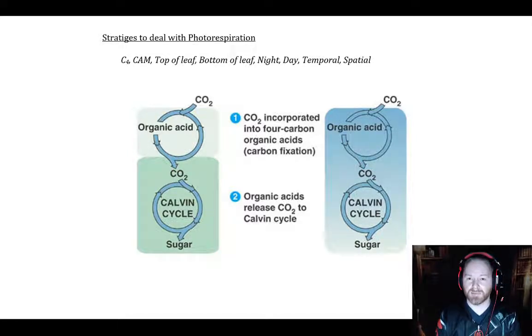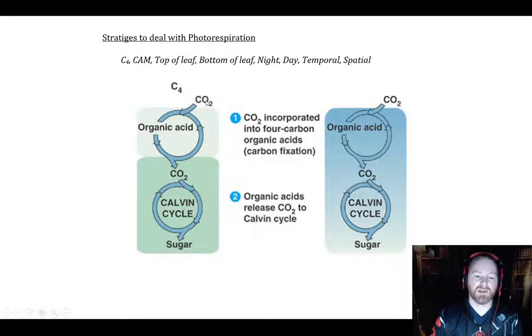Remember, C3 was the temporary storage PGA in most plants, and for the most part that works pretty well for some plants. But if you want to get rid of photorespiration, you're going to need to change that temporary storage molecule. So let's look at C4 plants first. If you'll notice on the diagram, this seems to be one cell, and down here we seem to have a separate cell.